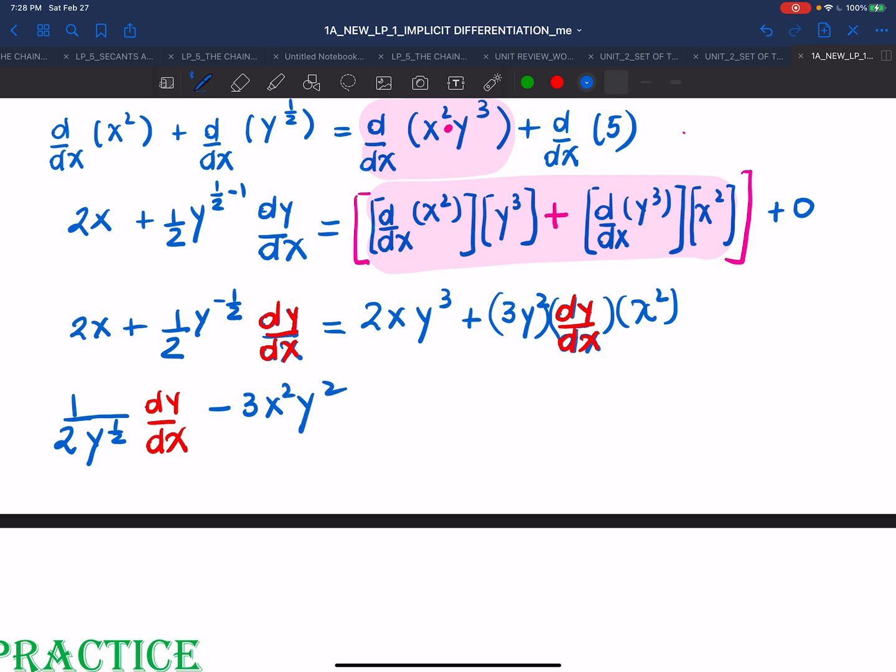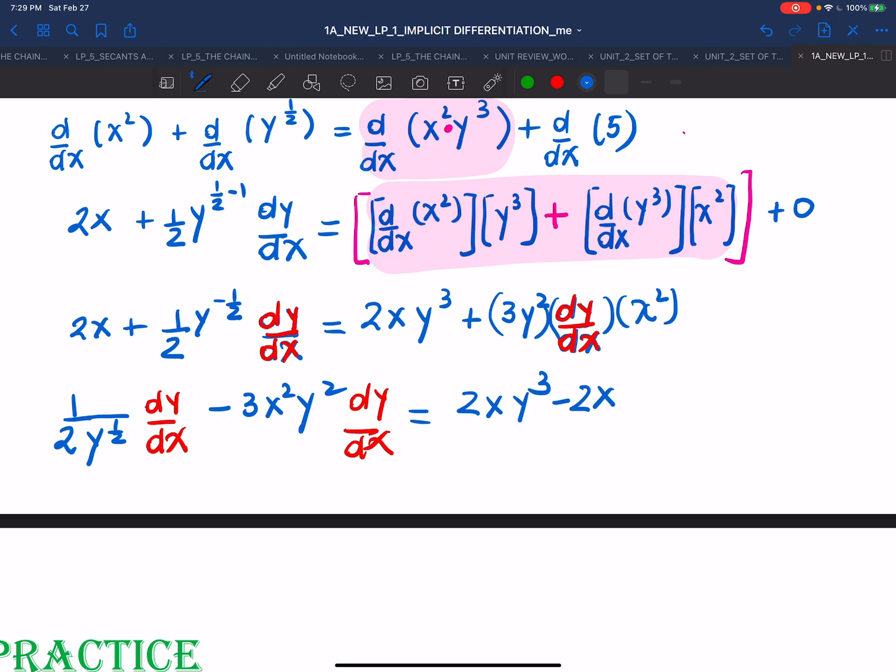Obviously, it's going to be minus because it's plus and it's moving to the other side, and dy dx. And that equals 2x y cubed. That's already on the right side. It's not changing. And the last term, which is 2x coming from the left side, which means becomes negative 2x.